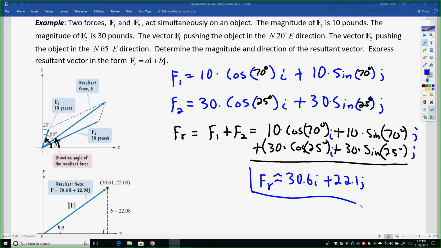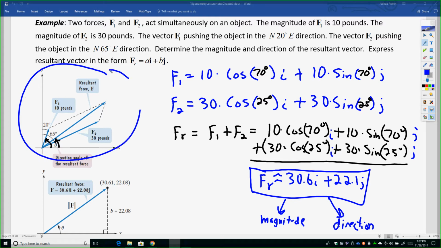So that is our resultant vector. Okay, so the two things that we want are the magnitude and we want the direction. Alright, so we use the first diagram to figure out the angles, because again, the bearing angles and the trigonometric angles are not the same.